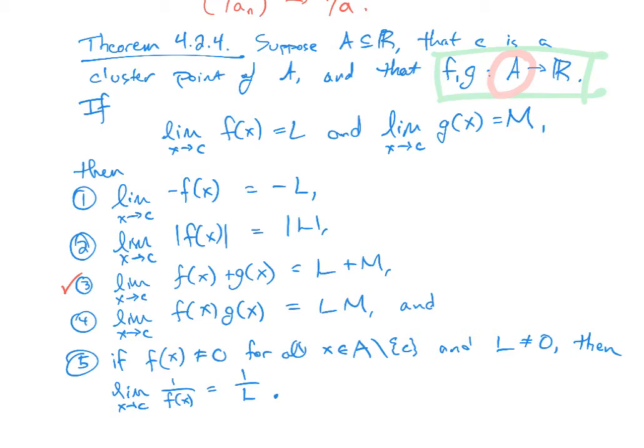Wait, if you shrink your domain, how do you guarantee that C is still a cluster point? Because you need, for all delta greater than 0, that you have some point in A. Yeah, but you don't need that point to be delta away. It could be a lot closer than delta. So let's draw a picture.